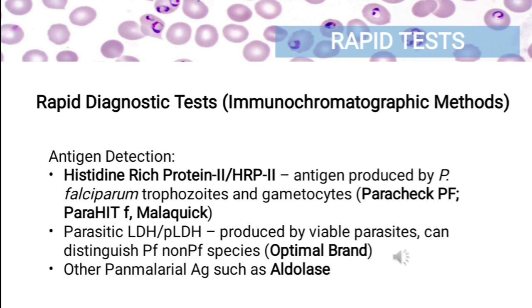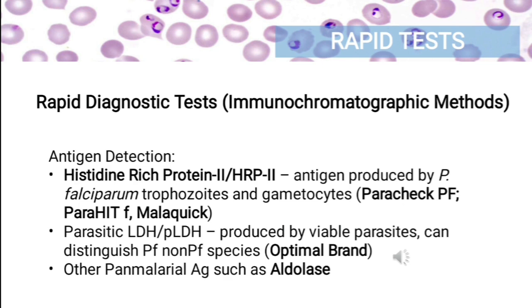Most of the tests use monoclonal antibodies and detect particular malarial antigens in the blood specimens. Tests have been developed that detect antigens including the histidine-rich protein 2 or HRP2, aldolase, and parasite lactate dehydrogenase or PLDH. These tests generate results within 15 minutes and do not require skilled microscopists.